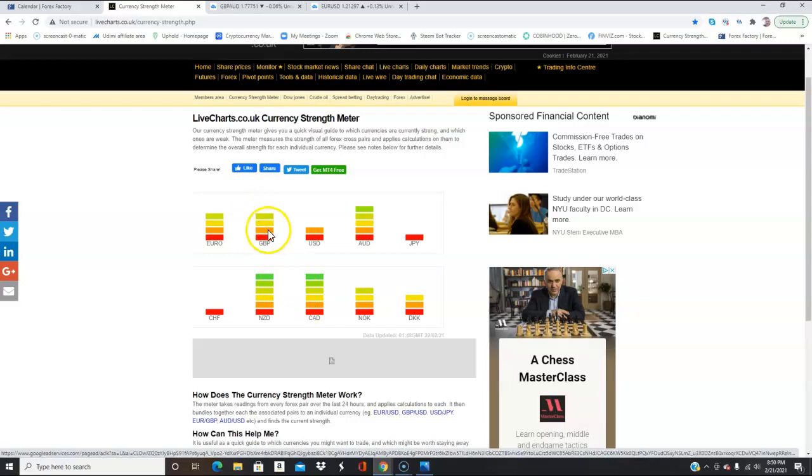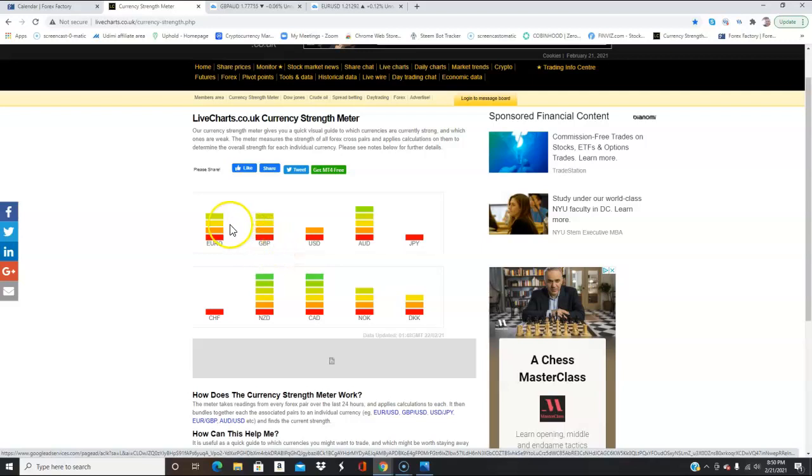Now, if we were looking at GBP USD, we can see here that the pound is stronger than the dollar. With GBP being the base currency and the dollar being the second or counter currency, you would be looking for buys. So when the first currency in the pair is stronger, you're going to be looking for buys, guys.